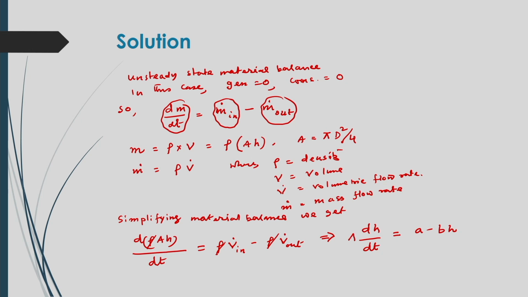So, A will remain here in this case. So, we are getting this equation. Now, per unit cross sectional area we can write A is equal to 1, since as per the problem A is equal to 1.